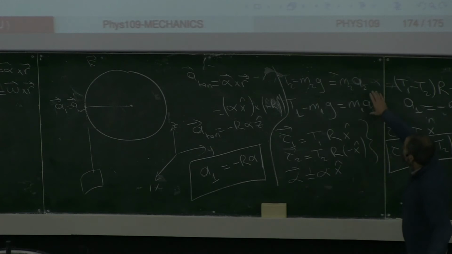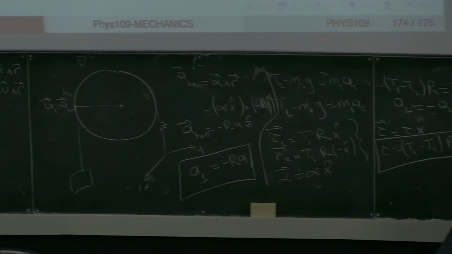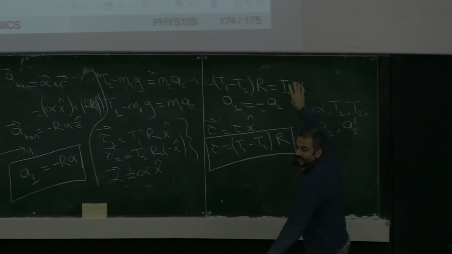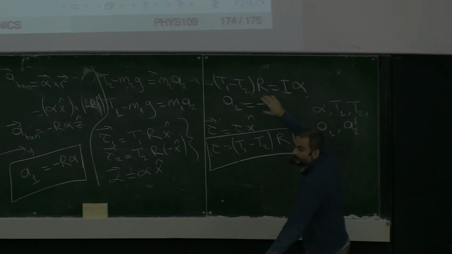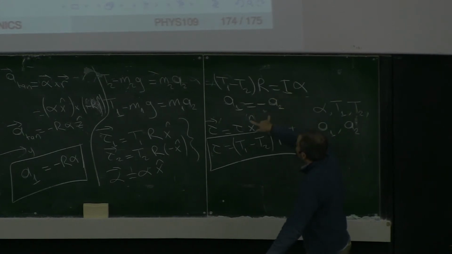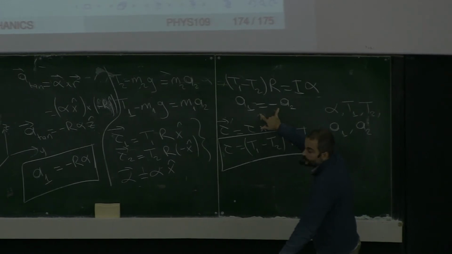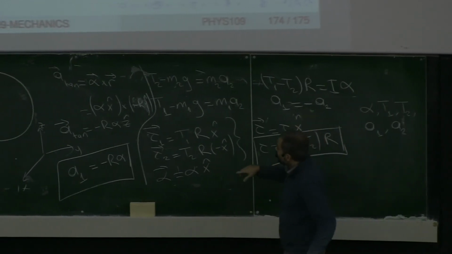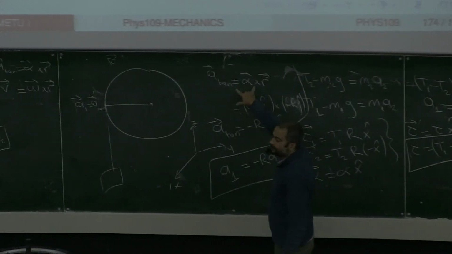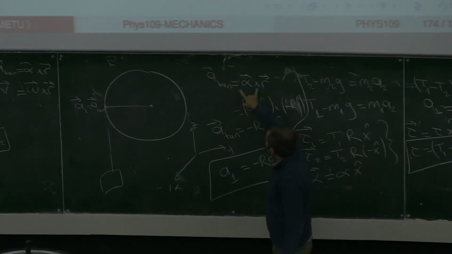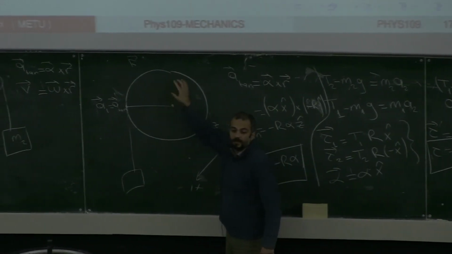So remember, I had these two equations for the point masses. I had this third dynamics equation for the massive pulley. That gave me three equations. Then I had this relation because mass 1 and mass 2 are attached to the same string. And then I have this equation because the string is not slipping over the pulley.